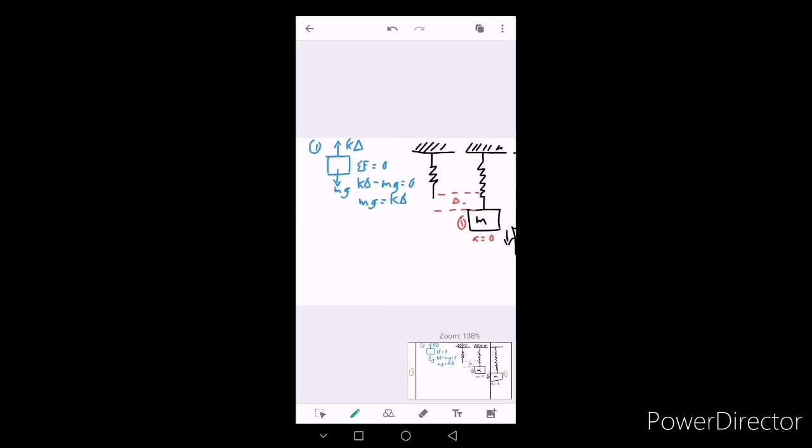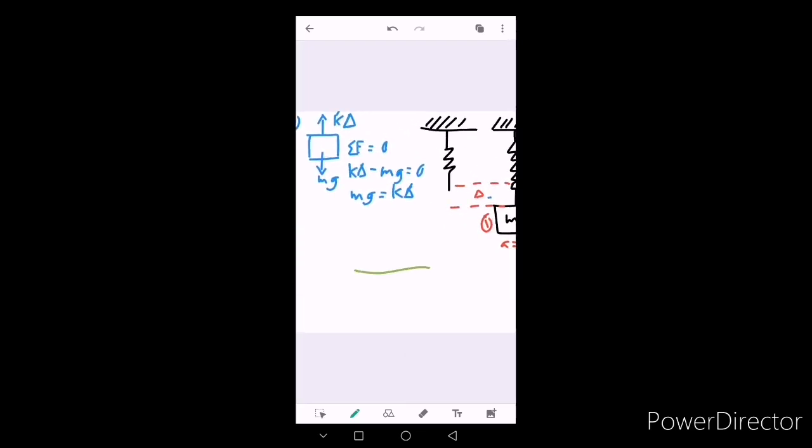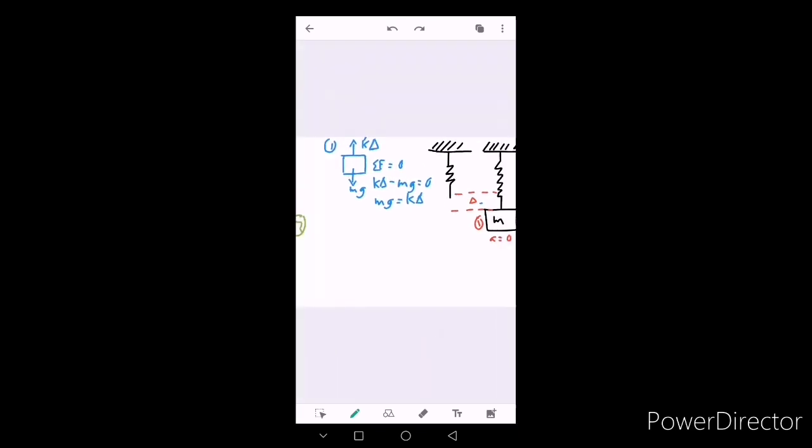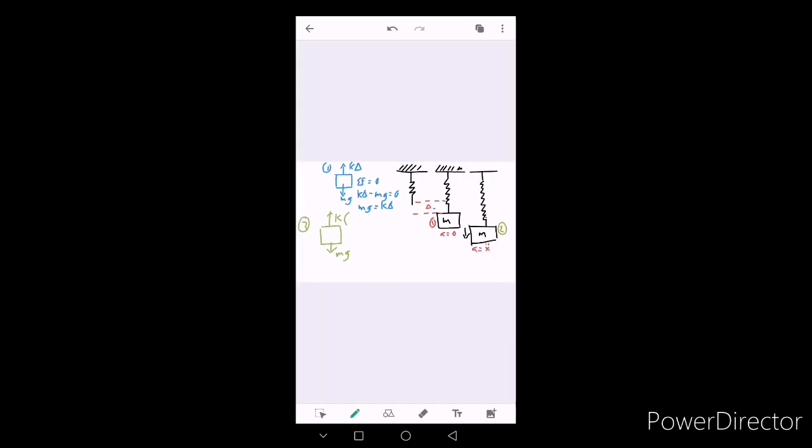So, at position 2, so you can appreciate our body diagram, we still have our mass times gravity and also our tensile force from the spring, but we will equate this to the constant times delta plus x.